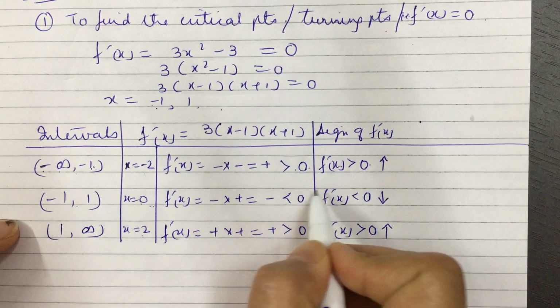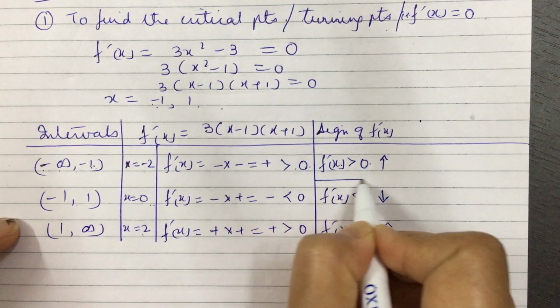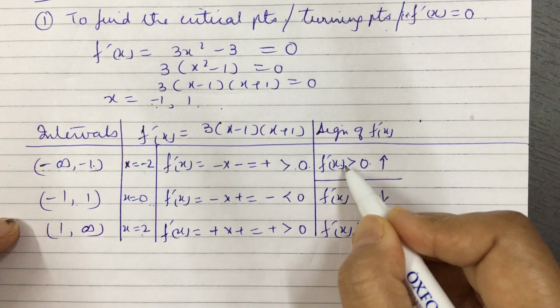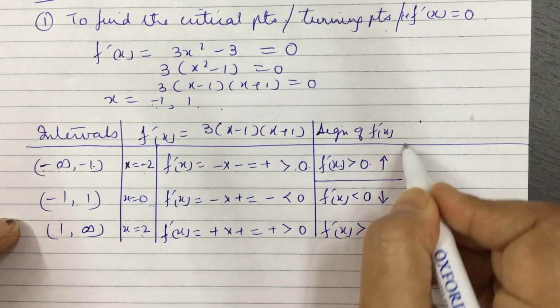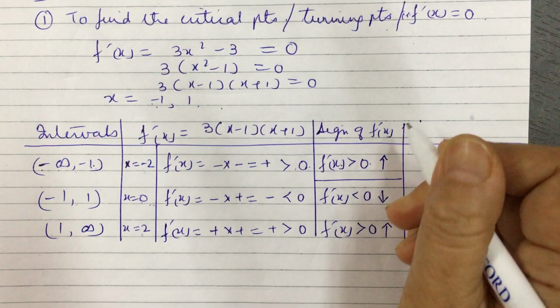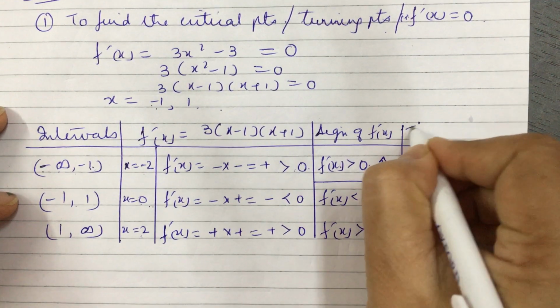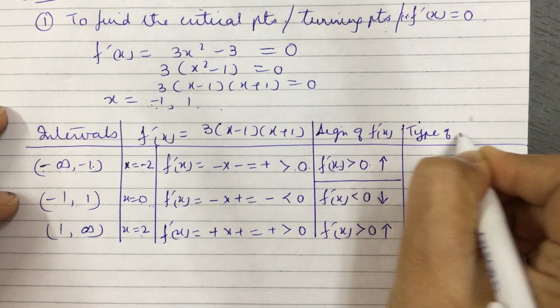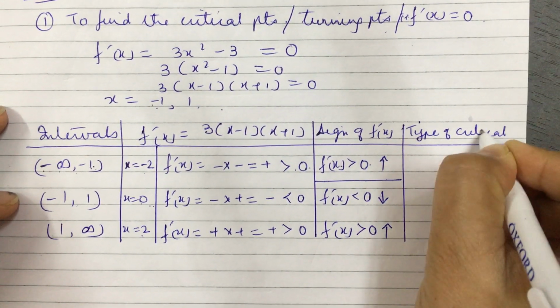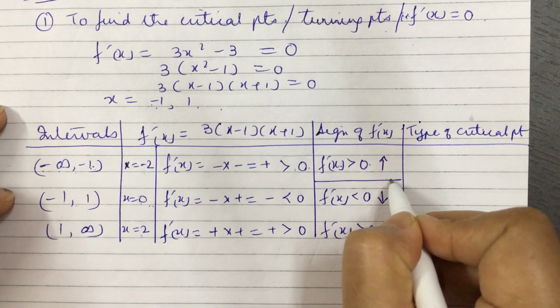Greater than 0, f dash x is greater than 0, and so it is increasing. Now, what do you observe here? What kind of critical point is it?